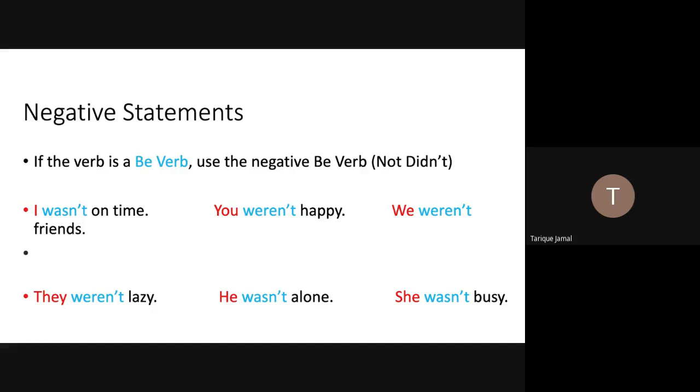He wasn't alone. She wasn't busy. Okay? So here we did not use didn't. We just used what? The negative be verb, right? Was, wasn't. Correct? So I want you all to just go through this slide for a few seconds and then we will move on.